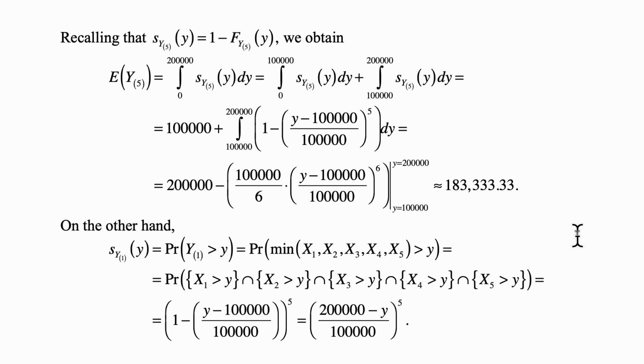So this becomes (1 minus (y minus 100,000) over 100,000) to the fifth, or ((200,000 minus y) over 100,000) to the fifth. Actually, no, I'm sorry, I take it back. 1 is expressed as 100,000 over 100,000, and then we combine the like terms inside, and we end up with this.